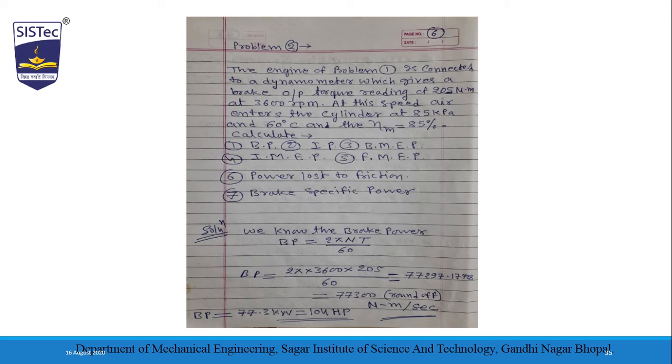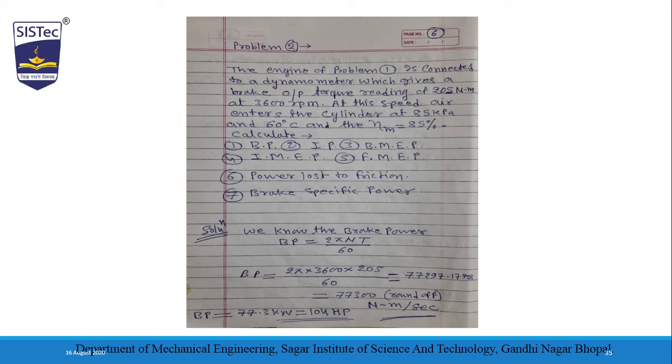The mechanical efficiency is given, that is 85%. Calculate brake power, indicated power, brake mean effective pressure, indicated mean effective pressure, frictional mean effective pressure, power loss due to friction, and brake specific power.